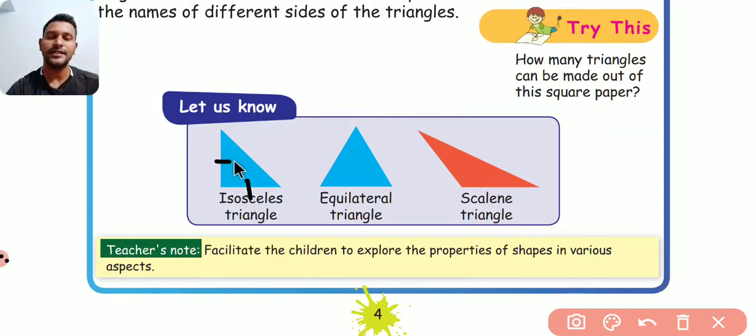These two sides are equal. Second one, equilateral triangle. In an equilateral triangle, all the sides are equal. These three sides are equal. Scalene triangle. In a scalene triangle, all the three sides are not equal. Here equal, here not equal. Okay, that's all.